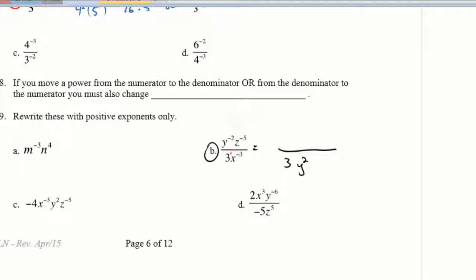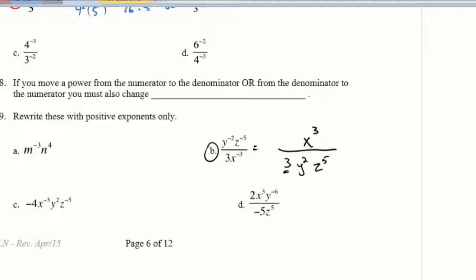I flipped it. And then the z to the negative 5, I'm going to put it on the bottom, and my exponent becomes positive. And then the x to the 3, on the bottom here, goes to the top, and my exponent becomes positive. So the 3 stays because it had a positive 1 exponent. It wasn't negative. Everything else moves.